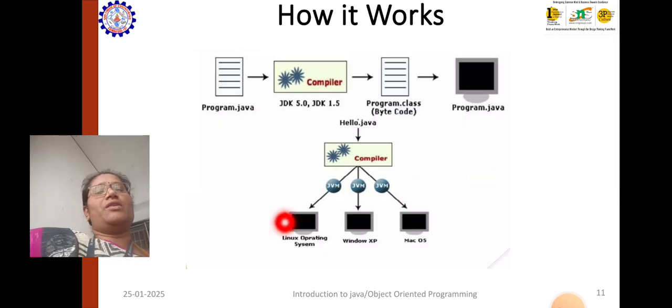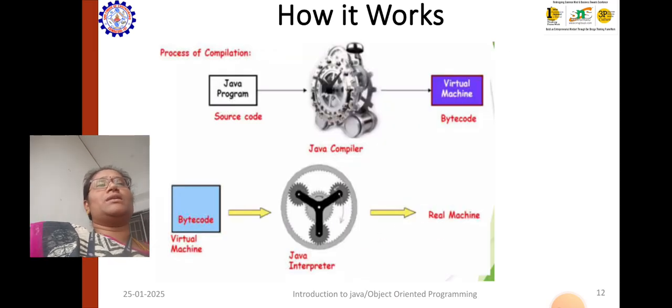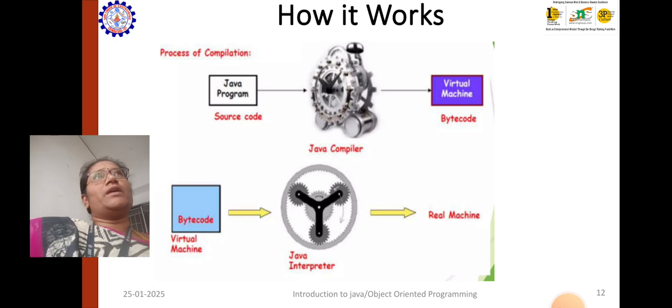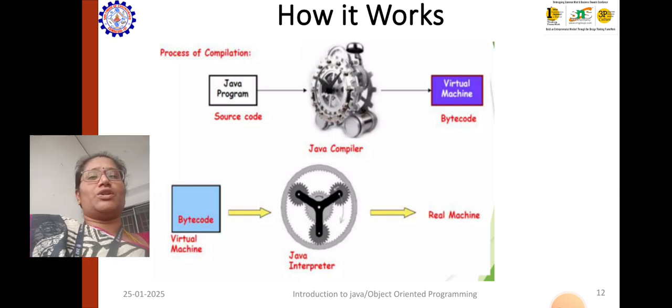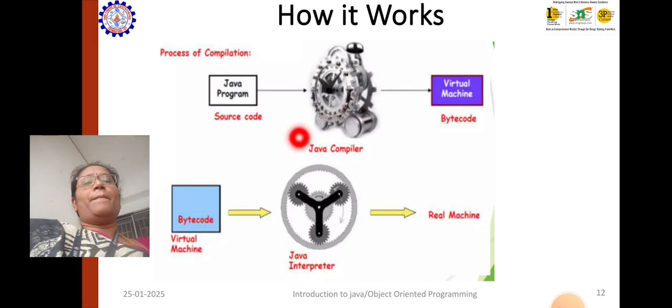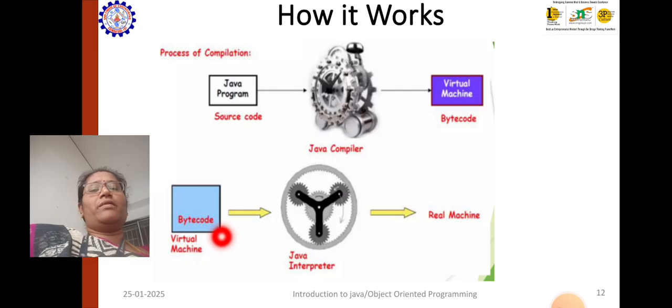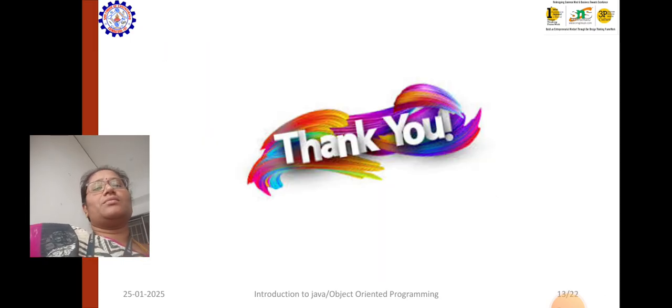The virtual machine could be on a Linux, Windows, or Mac OS operating system. Once it is compiled, it can be executed on any kind of Java Virtual Machine. This is the process: source code, Java compiler, bytecode, the bytecode given to the virtual machine, and the Java interpreter, then real machines.